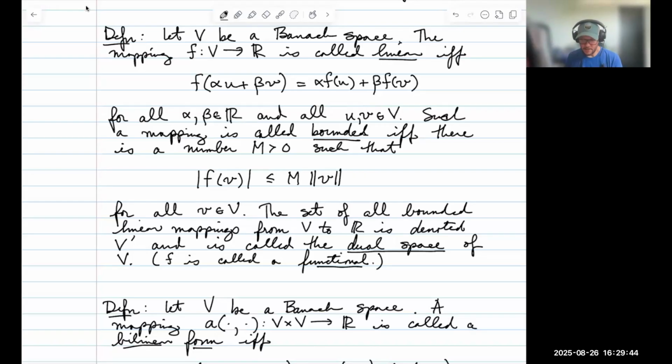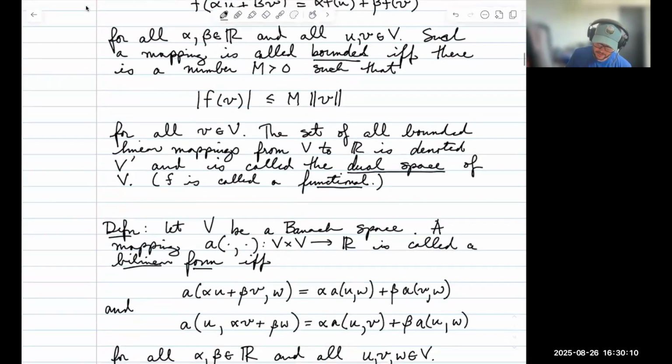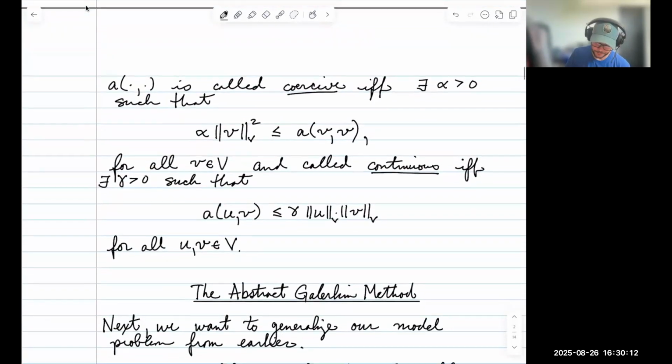So you might wonder why F is called a functional instead of just a function or just a mapping. The reason is that it's a function of functions in many cases. And so they wanted a different name for such a structure, and so they called it a functional. That's my guess as to why it's called that.